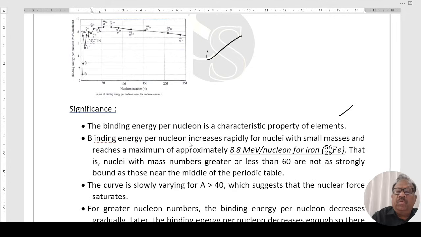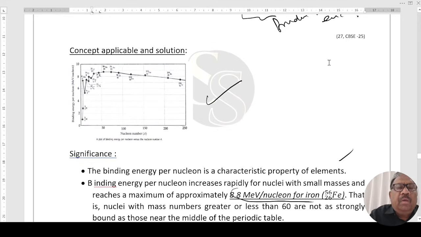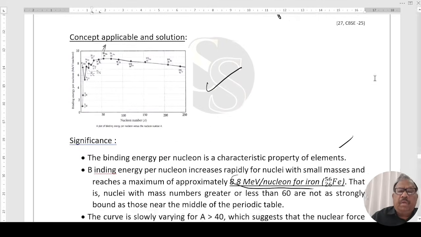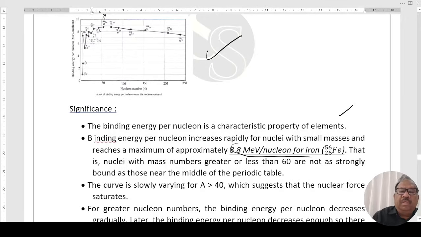It increases rapidly for nuclei with small masses and reaches a maximum of approximately 8.8 MeV per nucleon for iron. That is, nuclei with mass number greater or less than 60 are not as strongly bound as those near the middle of the periodic table.